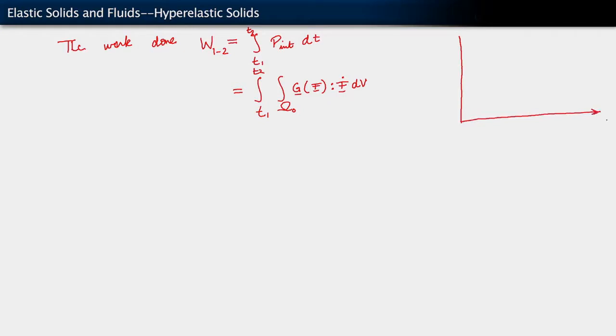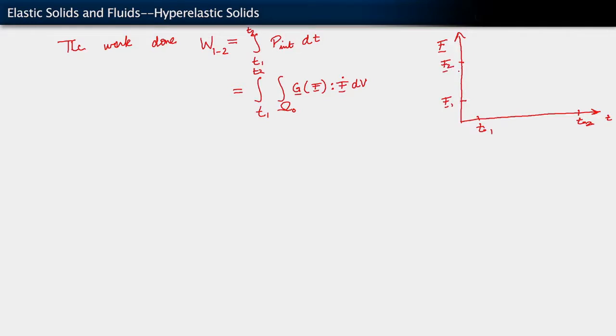So I have time on this axis, and I have T1 and T2, and on this vertical axis, on the ordinate, I am going to look at F. Of course we know we can't quite do that on a two-dimensional board because F is actually a 9-dimensional object, but this is meant to be schematic, demonstrative. So we are going from T1 to T2. Let's suppose that at T1 we have F1, and at T2 we have F2.